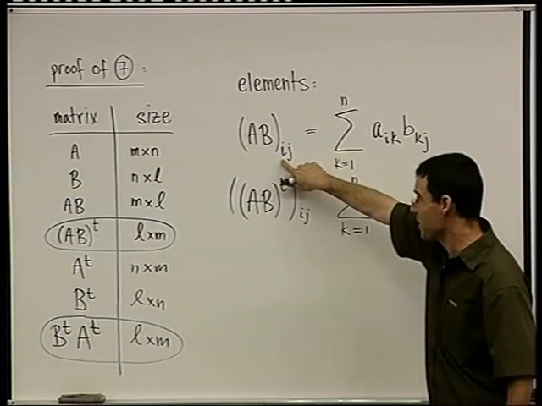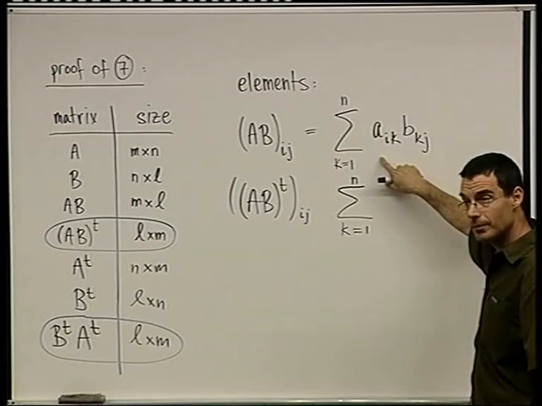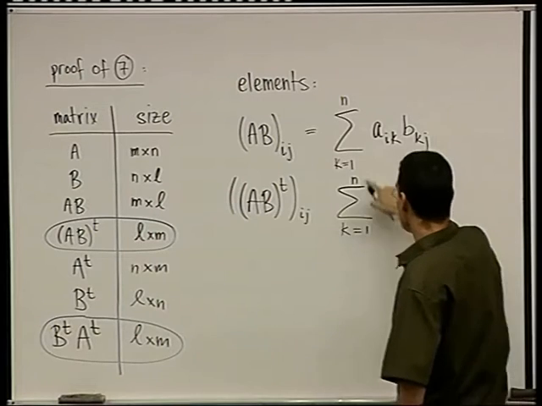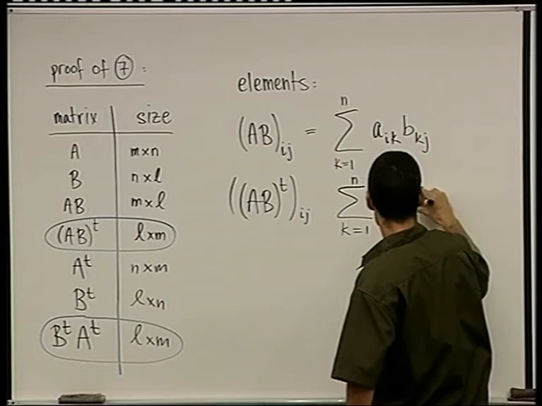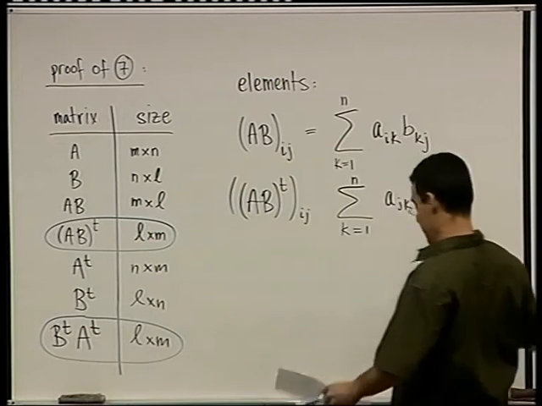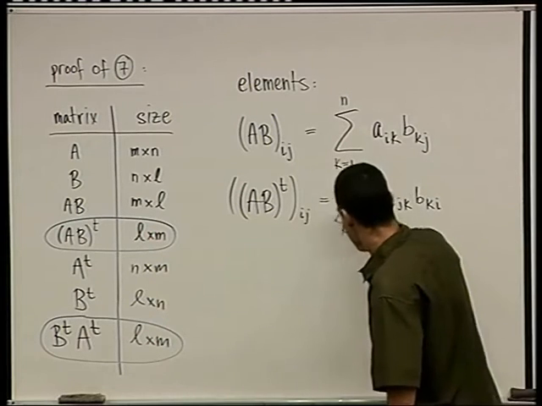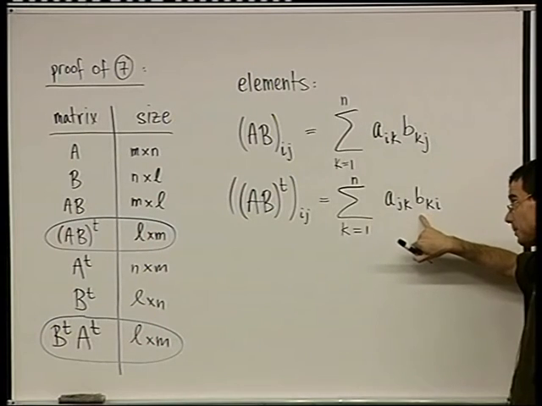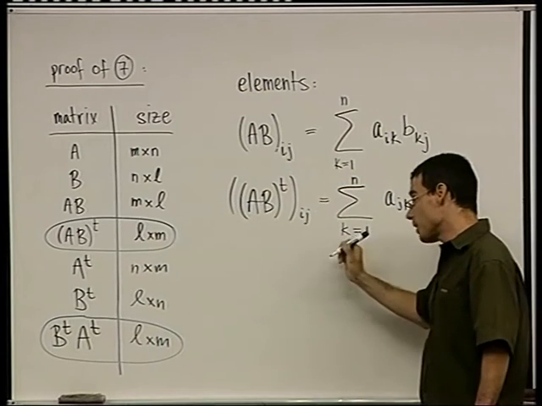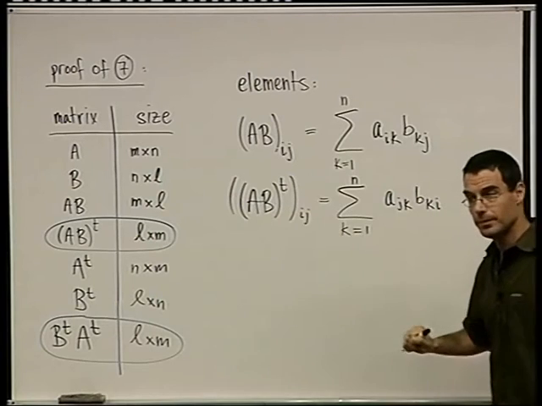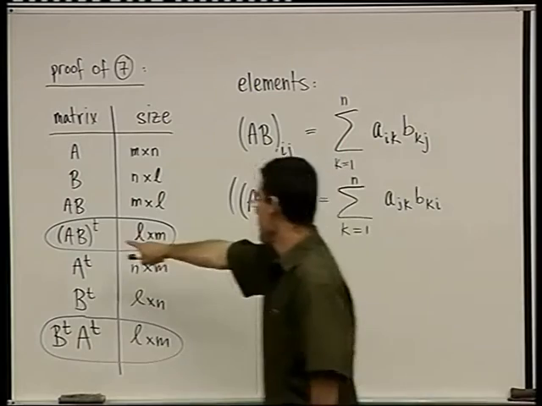What's the jith element of this one? It's replacing j and i over here. Do you agree? So this is the sum, k equals 1 to n, a_jk b_ki. Do you agree? This is nothing but the jith element of the product of A and B. It's the ijth element of the transpose. Do you agree? Everybody good? Okay, so this is this side.